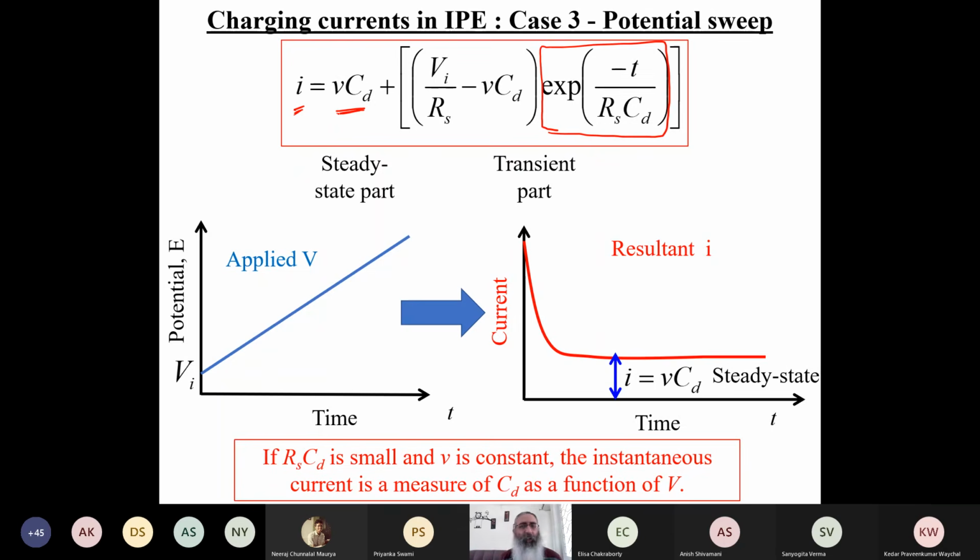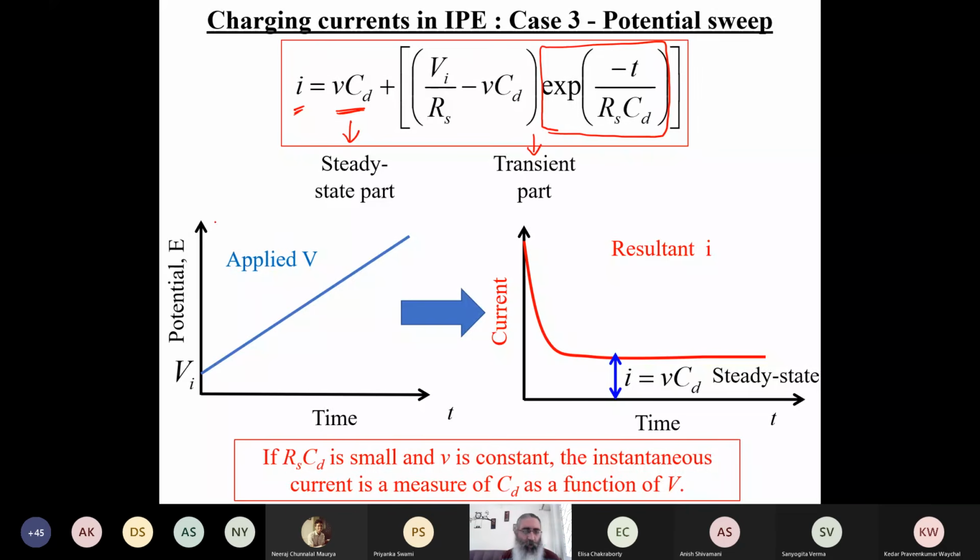So this is a time independent part, and this other part, because you are sitting with an exponential minus t here, becomes a time dependent part. So the first part is called the steady state part, which is basically time independent, and this whole function, because of the exponential minus t dependence, is a transient part, because it changes with respect to time. So there is a steady state part and a transient part.